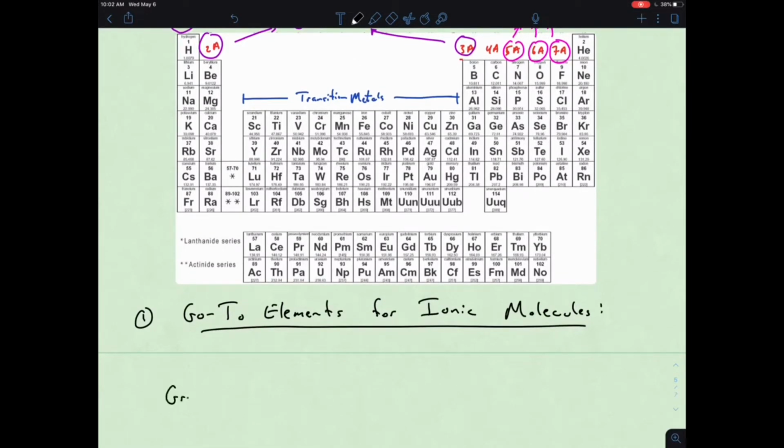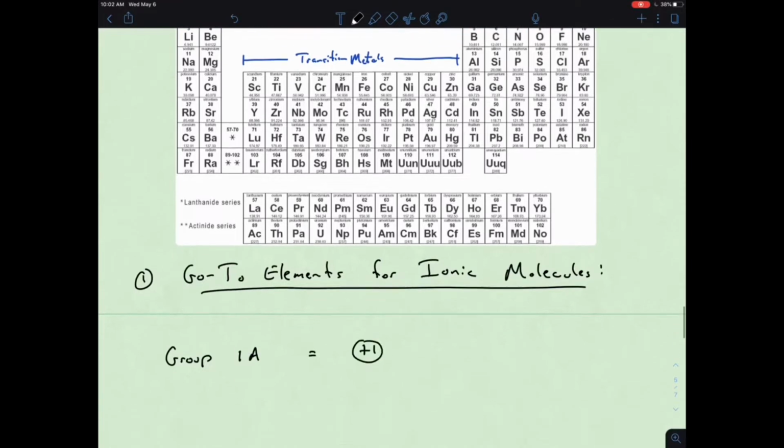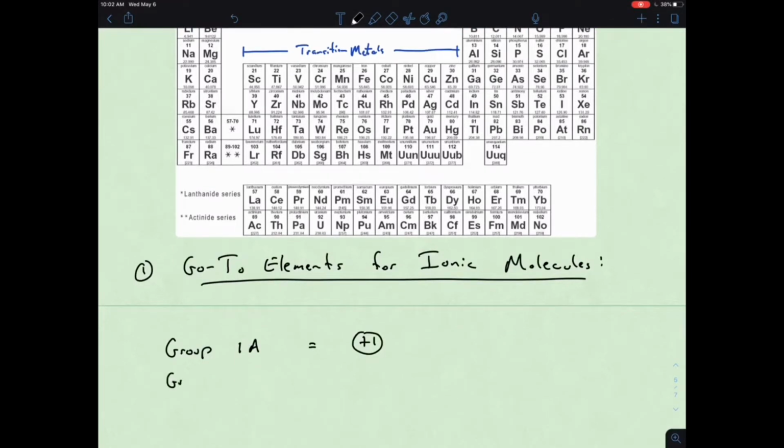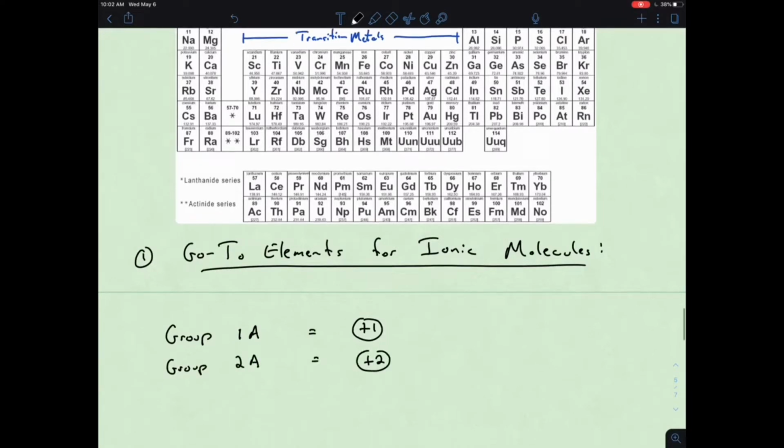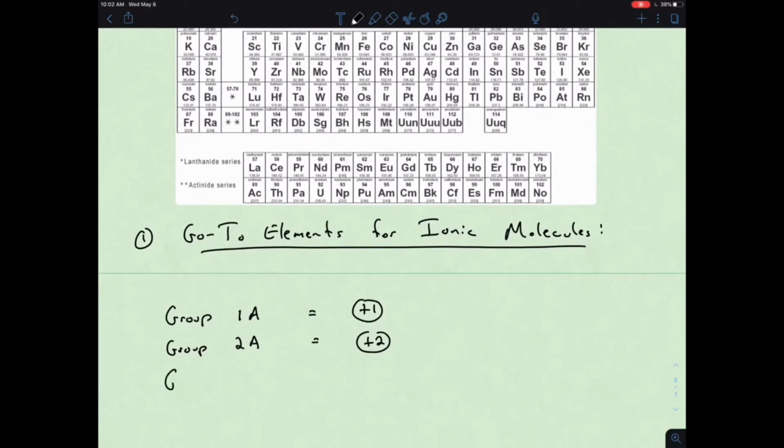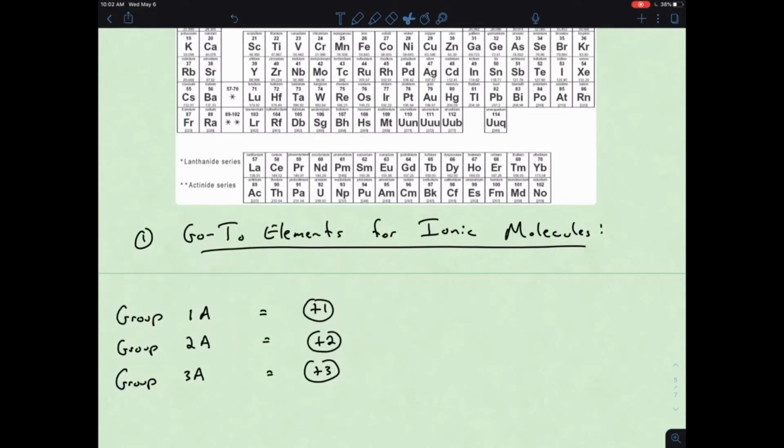If we have group 1A, its charge likes to be +1. If we're in group 2A, well, now we have a +2 charge. And then group 3A, we have a +3 charge. So that's on the positive side of the table.